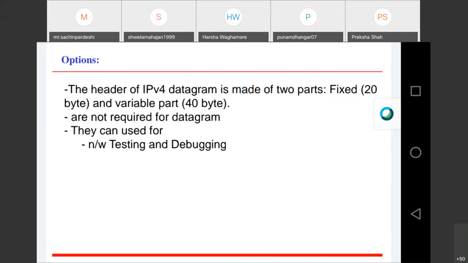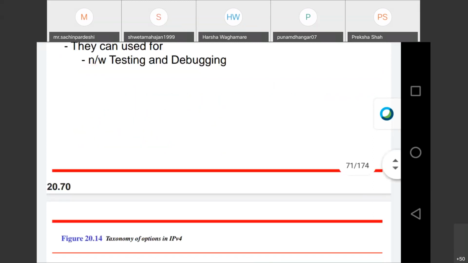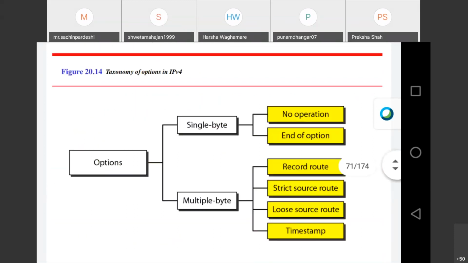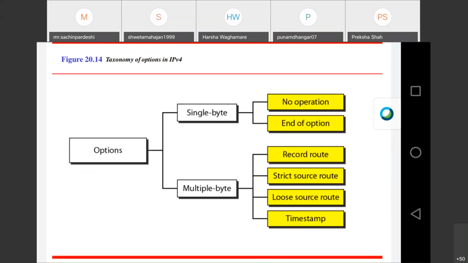This option field is used for network testing and debugging. You have seen different commands like the ping command. This command uses the option field, and obviously the command is used to check whether the network is working properly or not.